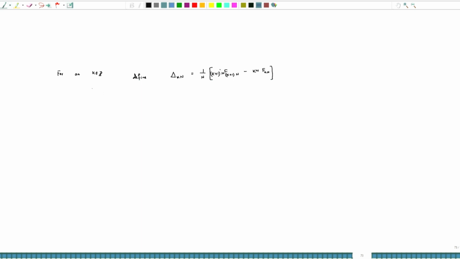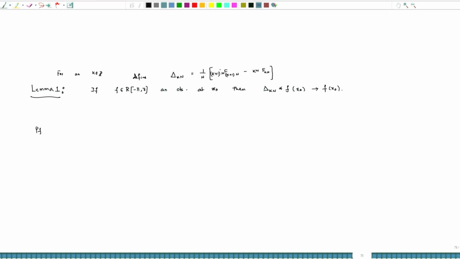Now, if f is a Riemann integrable function and continuous at x naught, let me put it as Lemma 1, then delta_{kn} convolution of f at x naught converges to f of x naught.